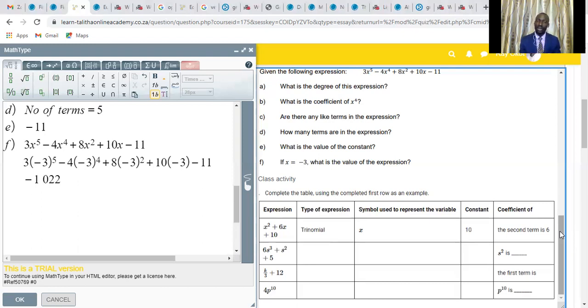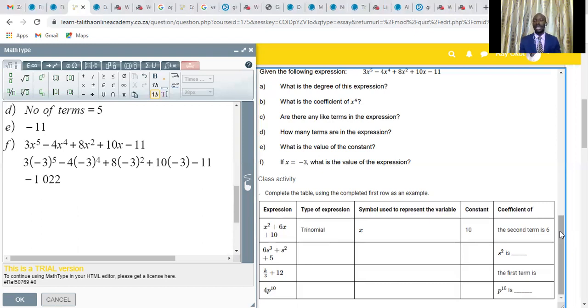So when you have only one term as an expression, that is called a monomial. If you have two terms, you call them binomial. For three terms, trinomial. And for four terms, we call them polynomial.